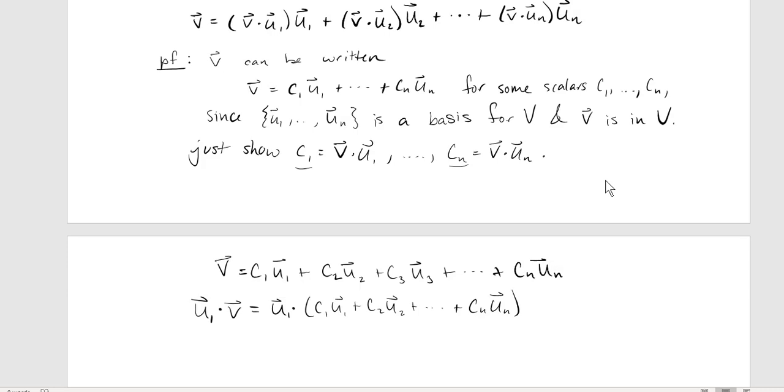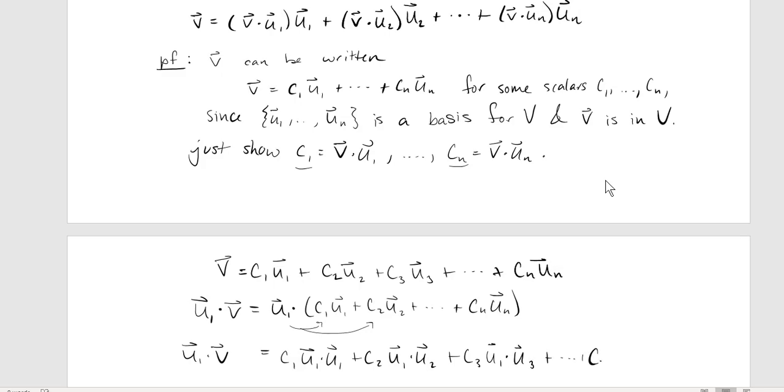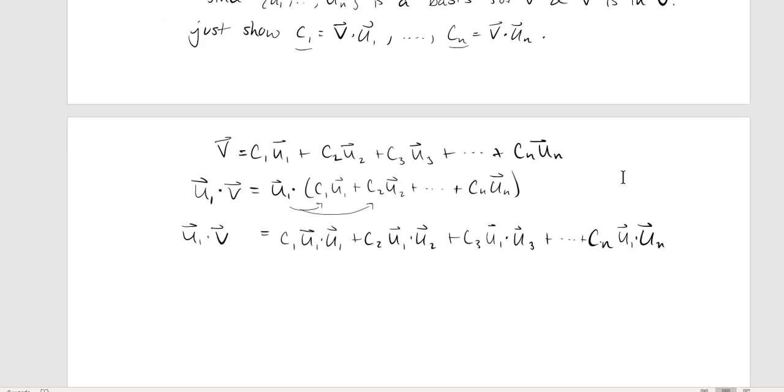Then that dot product, again remember, distributes through the sum. So we get that u1 dot v has to be c1 times u1 dotted with itself. That's this first dot product. I just pulled the scalar c1 out front of it. Plus c2 times u1 dot u2 plus c3 u1 dot u3 all the way out to cn u1·un.